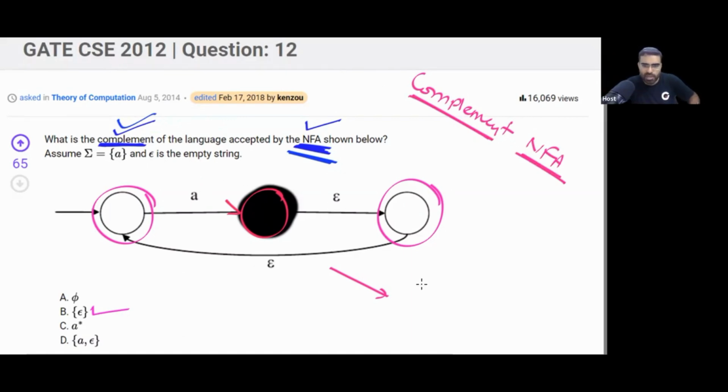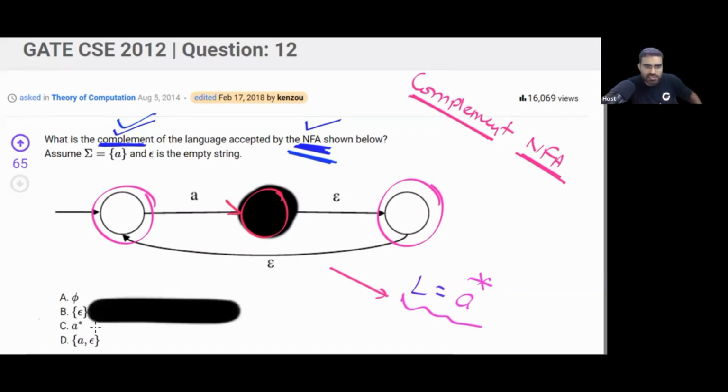Now can anyone tell me what is the language? If you notice, the language is A star now. So they will say the answer is A star. So please tell me, did you understand the thinking of the majority of students?